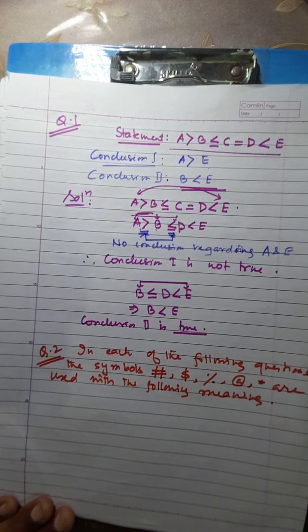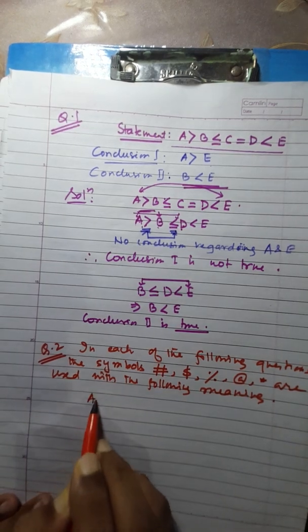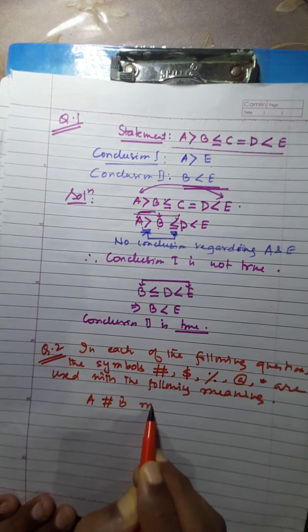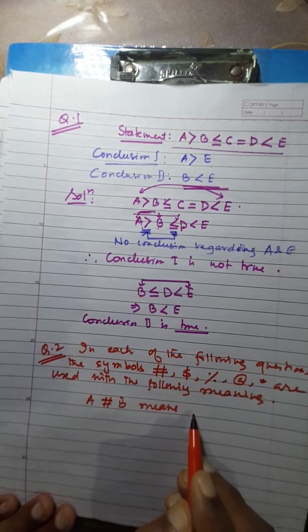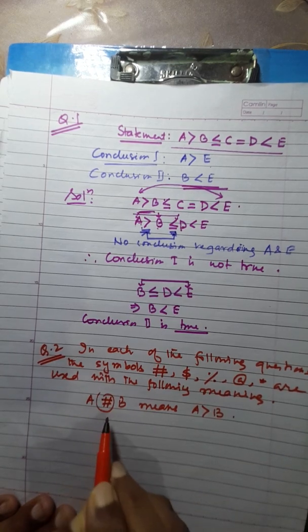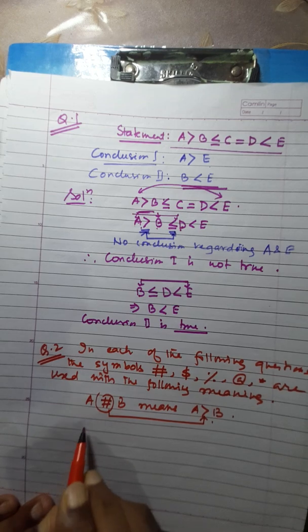This is related to coded inequality; the first one was direct inequality, this is coded inequality. Okay, A hash B means A is greater than B. That means hash represents greater than.